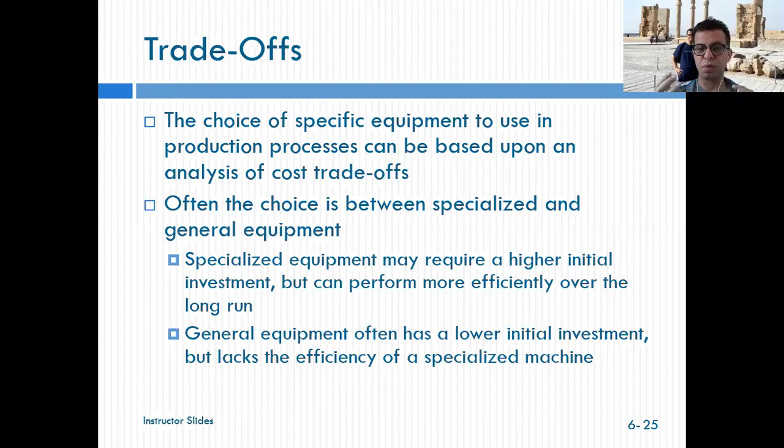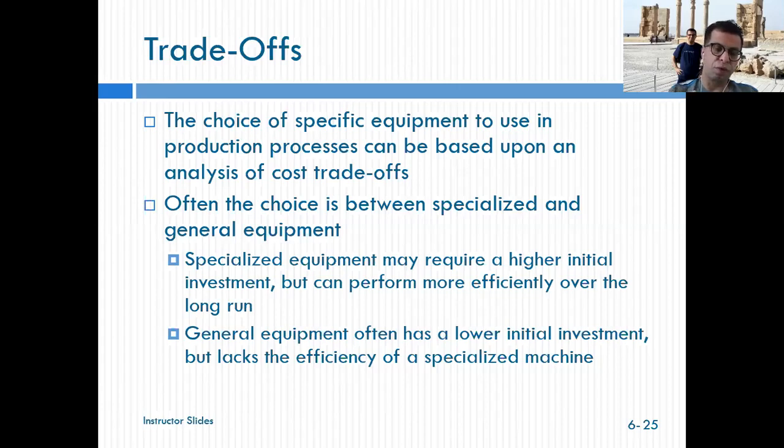The choice of specific equipment in a production process can be based upon a cost-benefit trade-off. Often the choice is between specialized and general equipment. Specialized equipment may require higher investment, but can perform more efficiently over the long term.